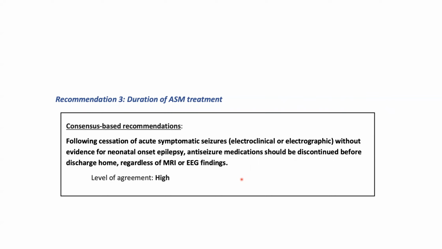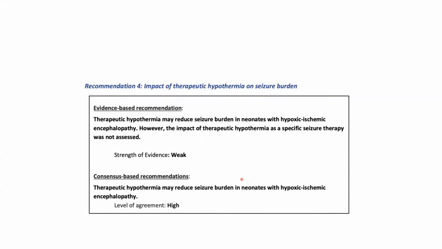You don't continue because the EEG shows abnormality or MRI shows abnormality. Even in a child with hypoxic ischemic encephalopathy, if the child has crossed that particular acute symptomatic period, then you try to stop anti-seizure medications and send the child home without any medications on discharge, right?